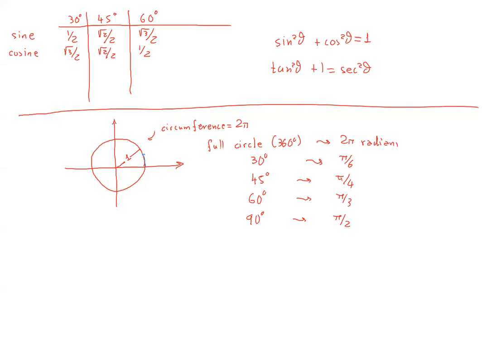If you take any arc that starts at this point, which is considered to be the point (1, 0), the start of all considerations, then the length of the arc numerically is equal to the measure of the angle in radians.